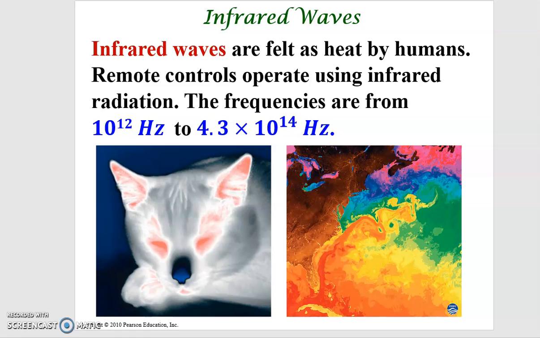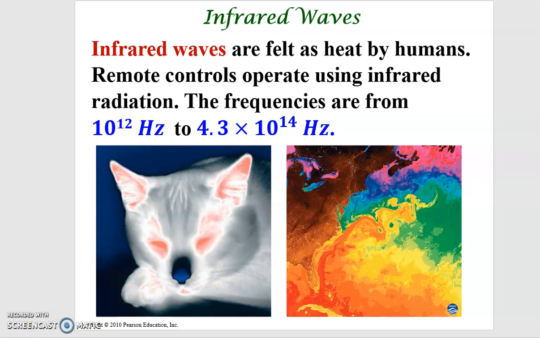Because human beings feel that as heat, when you use infrared detectors, what you are going to see is the distribution of heat. The hotter the area, the bigger the frequency will be. So you can connect the concept of heat to the wavelengths of the infrared wave.